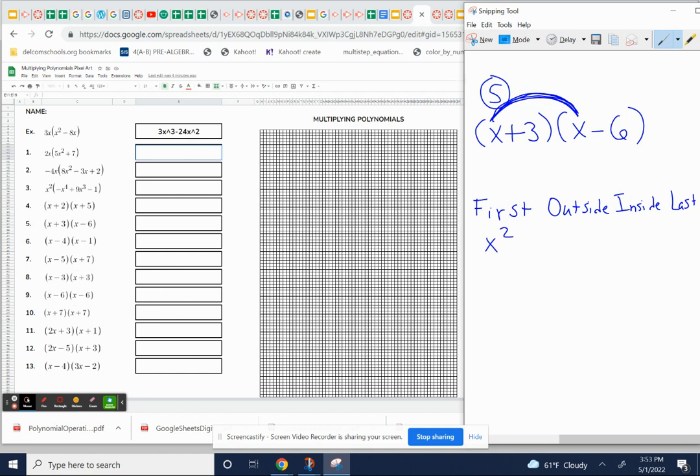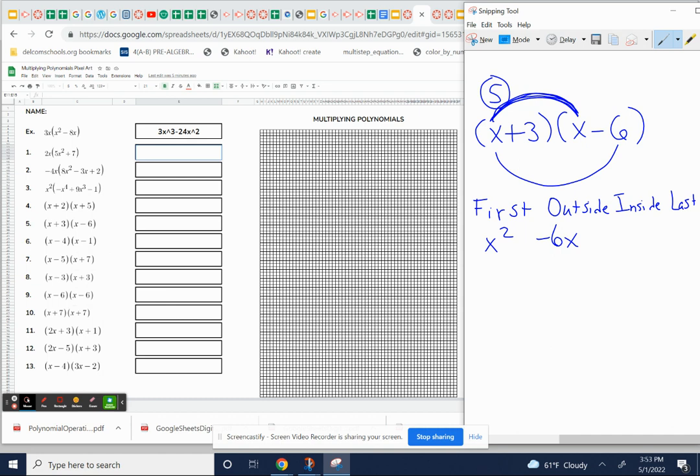Those are the two pieces on the very outside, this x and this negative 6 on either end. So I'm going to multiply x times negative 6, and that's negative 6x. That's the outside.